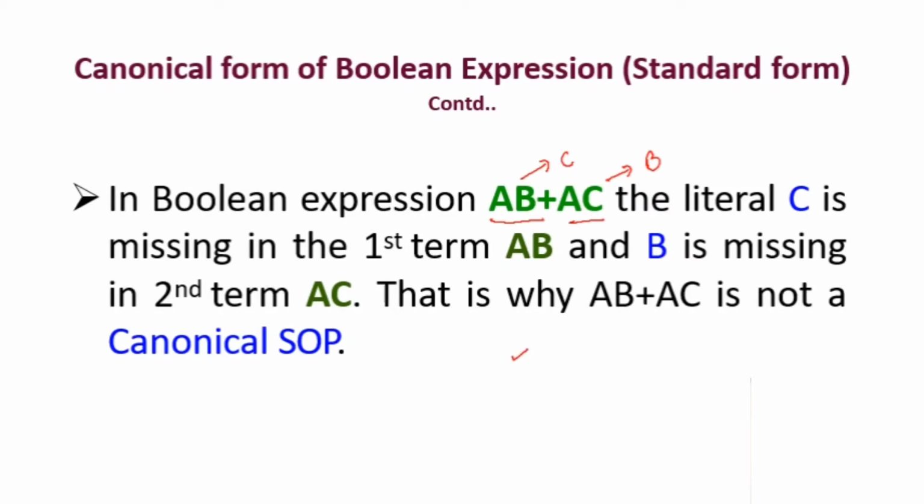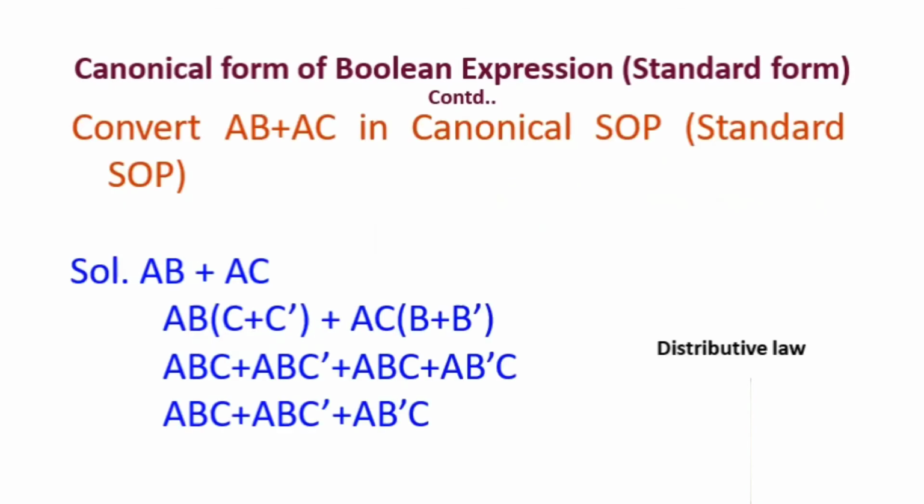Okay, so now how to convert this into canonical? This is simple. So we are multiplying AB by 1 and now replacing this 1 by C plus C bar. Similarly here this AC is also multiplied by 1 and then replacing this 1 by B plus B bar. Okay, so these are the expressions, and when we open these brackets, we get ABC plus ABC bar.